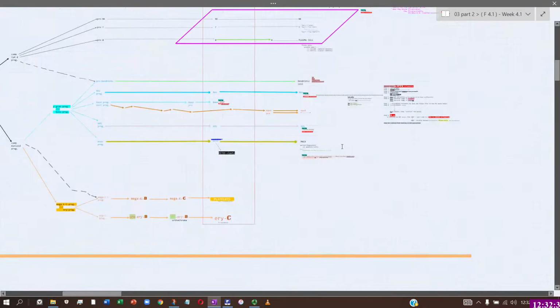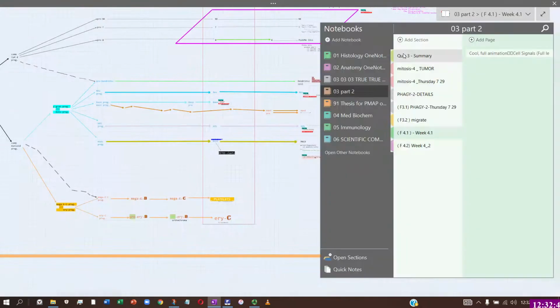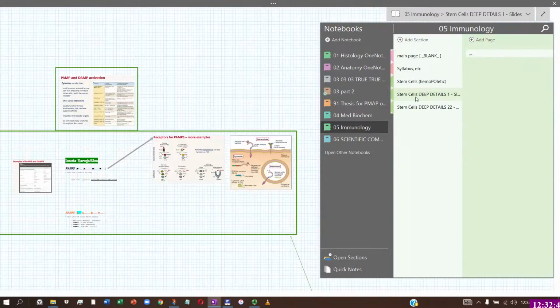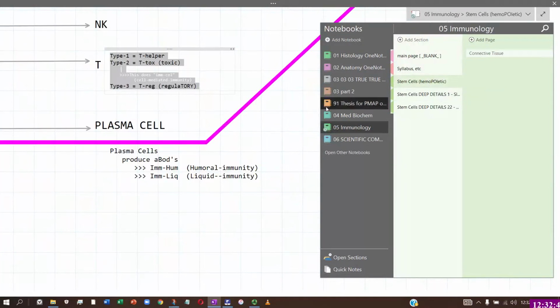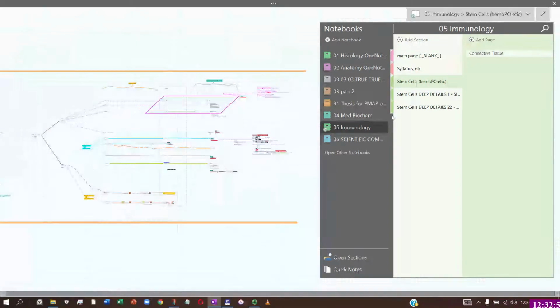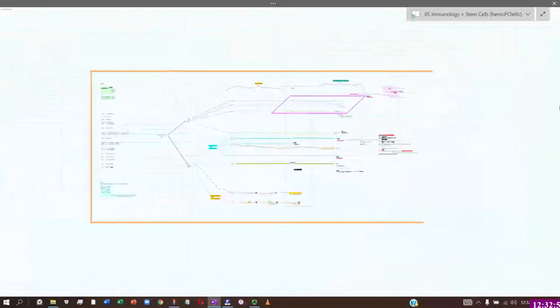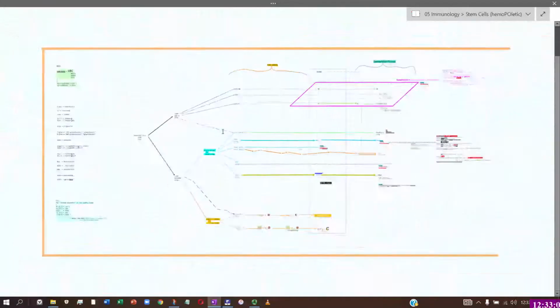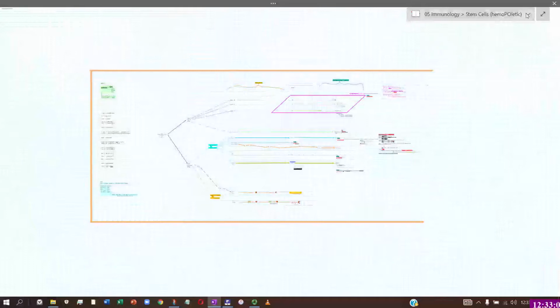So now let's move on to the actual immunology. No, class notes. Here on this page, you see all of that diagram copied and pasted. Okay, there we go. We will leave that alone.